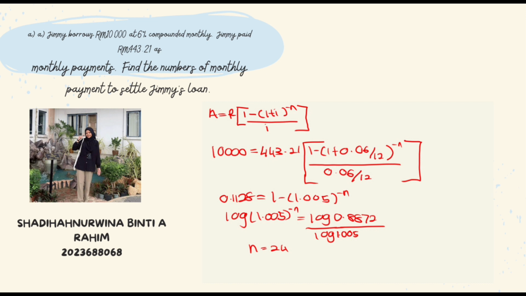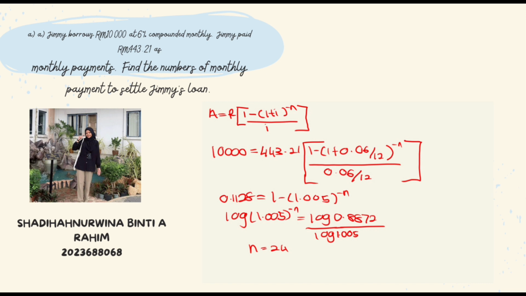So, 10,000 equals 443.21 times [1 minus (1 + 0.06 divided by 12)^(-n)] divided by 0.06 divided by 12.